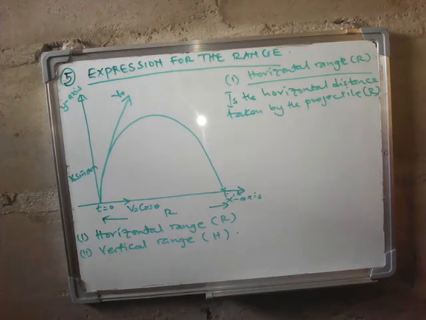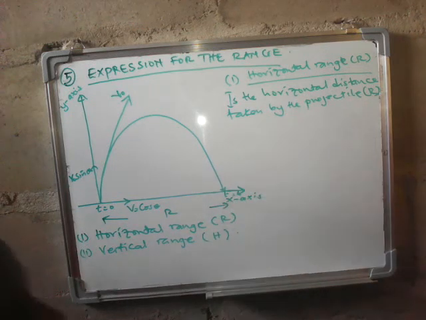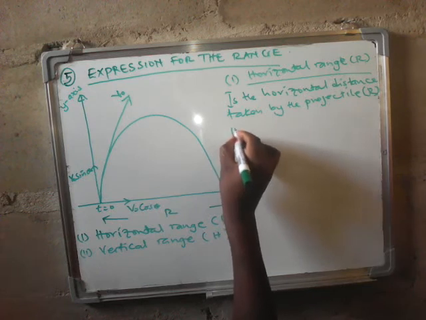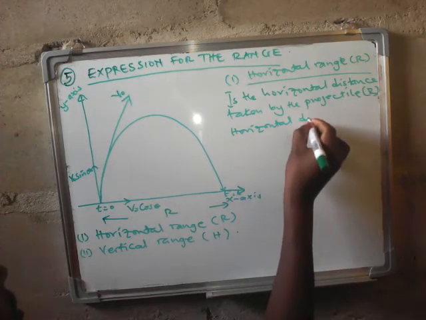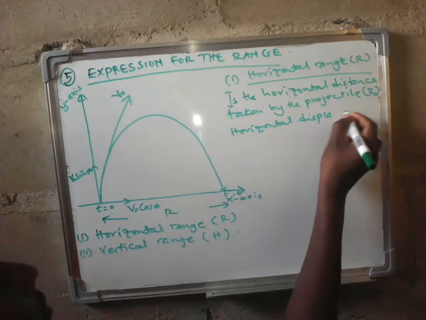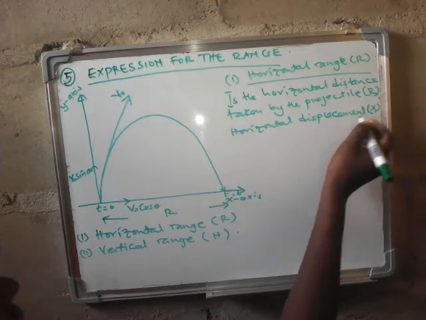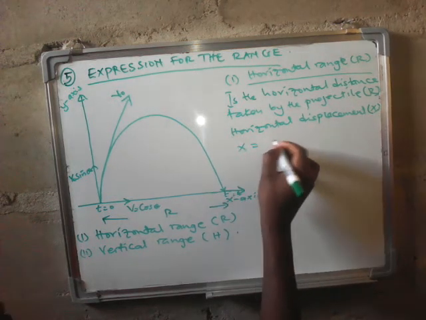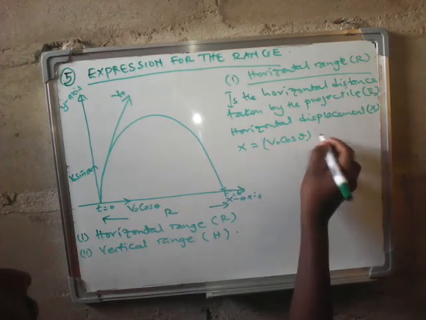So if we want to get it, we know that obviously this distance will come from the horizontal displacement. We had already seen it, it is x, and we say that x is equal to v naught cos theta times the time.